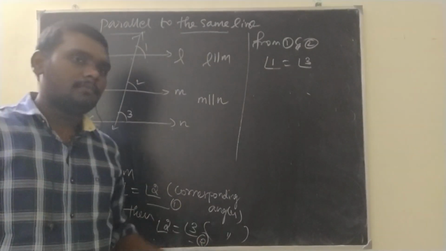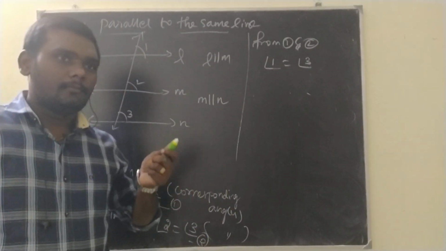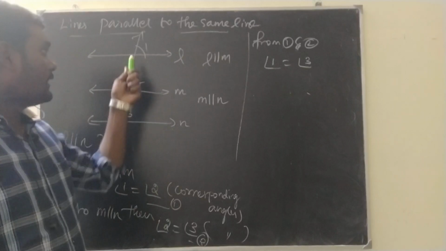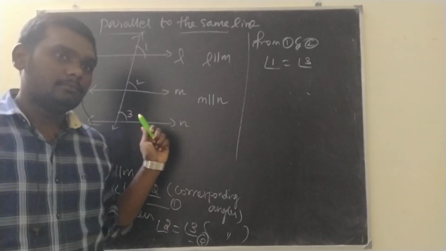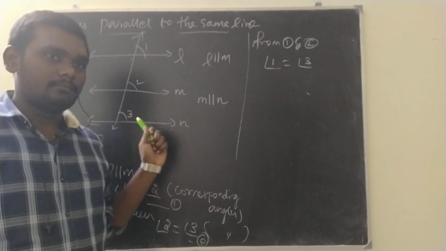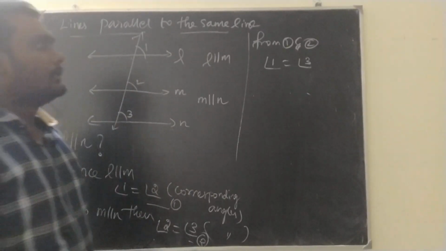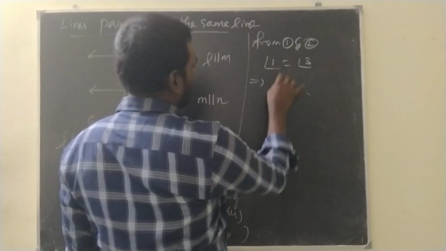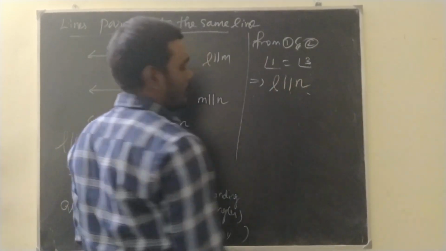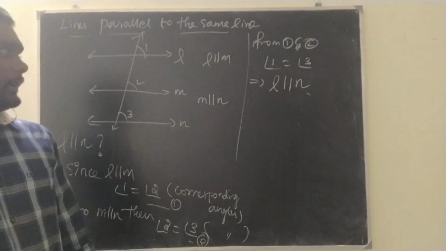Also, there is a theorem which states that if the corresponding angles made by the transversal are equal, then the lines are parallel. So we can say L is parallel to N. This may be quite confusing to you.